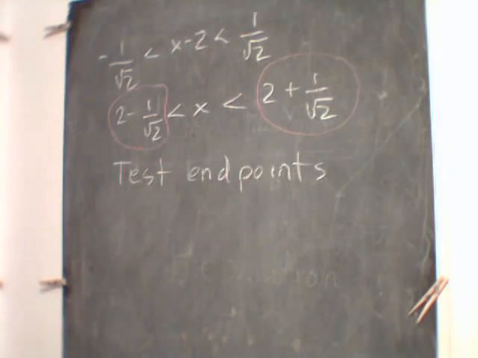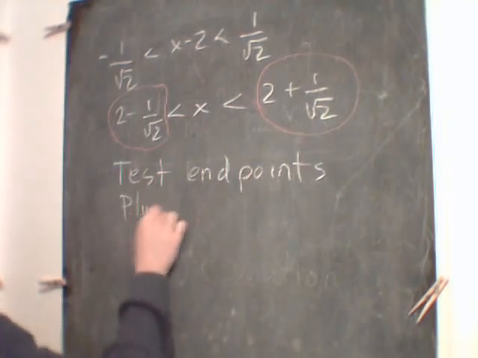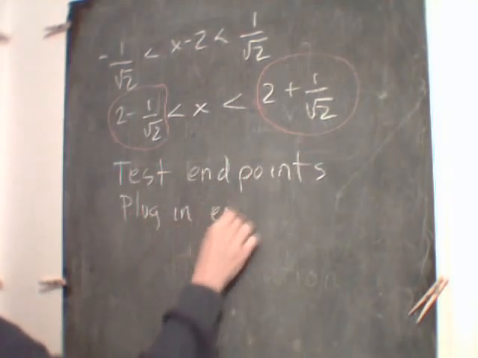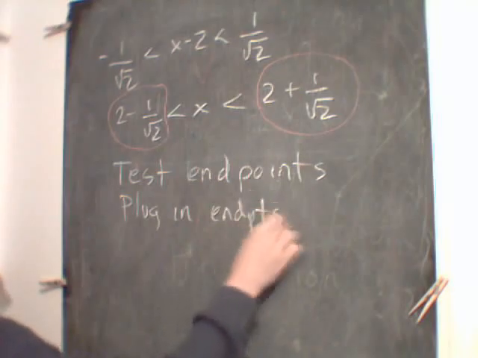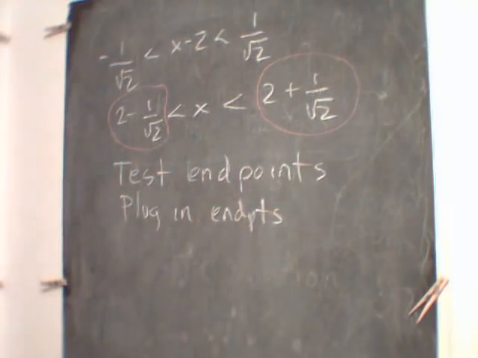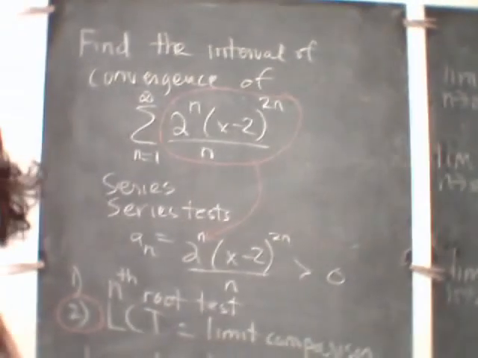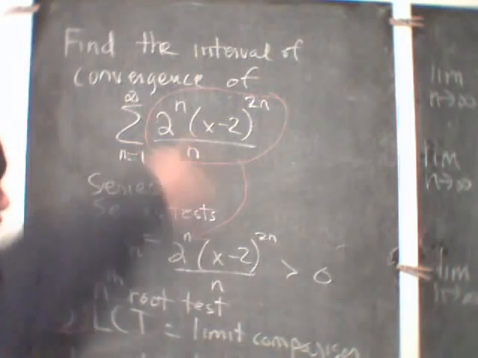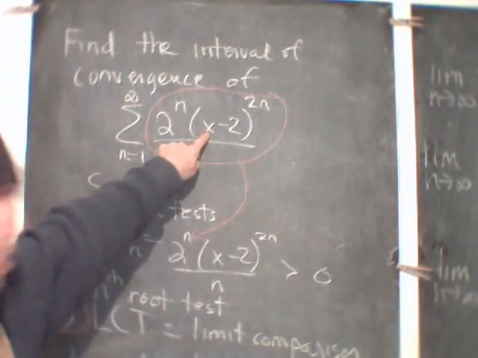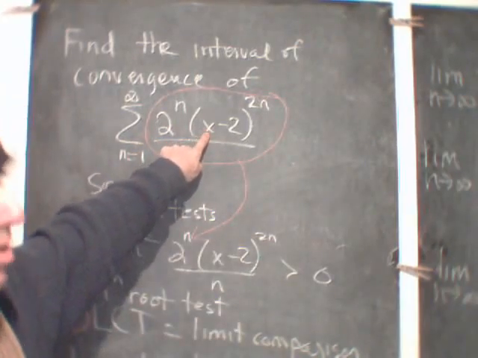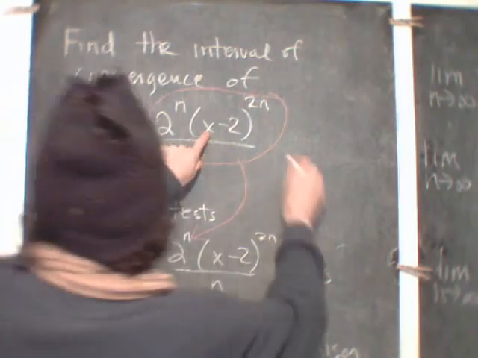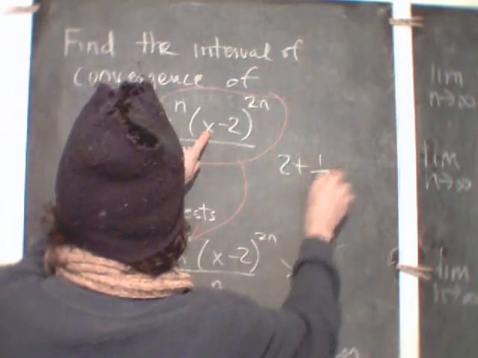And so how to test? Well, you plug in the endpoints into the infinite series and see if it converges. Well, we already know what our series is. It's that thing, and so we have to plug the endpoint in for the value of x. So one of the endpoints is 2 plus 1 over the square root of 2.